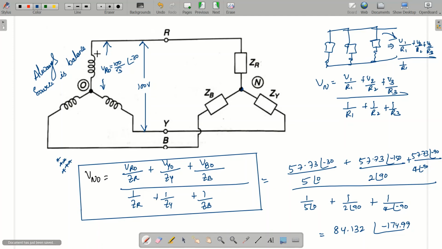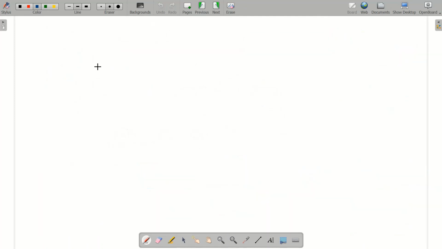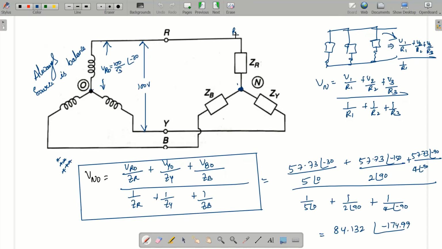See, in this equation we know the voltage VNO and the voltage VRO. Then can't we find the value of VNR? Just apply KVL in this loop. We know this complete voltage, so can't we find this voltage?